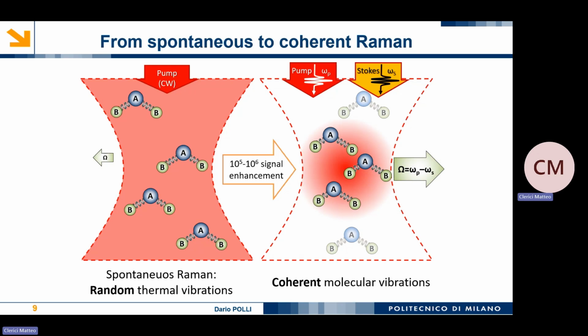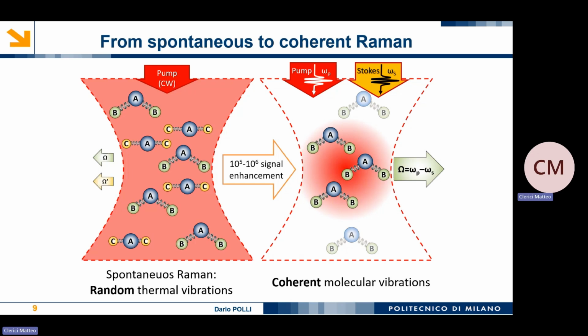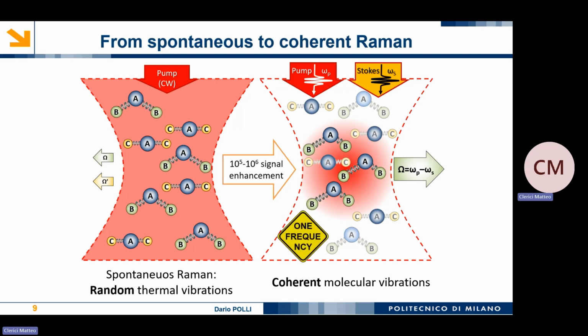Now, there is a problem with coherent Raman: it is super fast, but it is inherently single frequency. What I mean is that now, if you have a second molecule oscillating at another frequency, say capital omega prime, no problem. It will also provide your signal. On the right, it will not oscillate, because it will not fulfill anymore this resonance condition, omega pump minus omega Stokes.